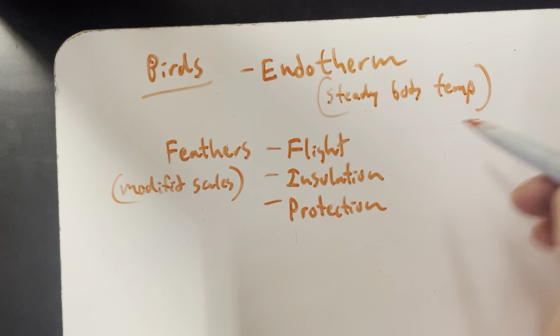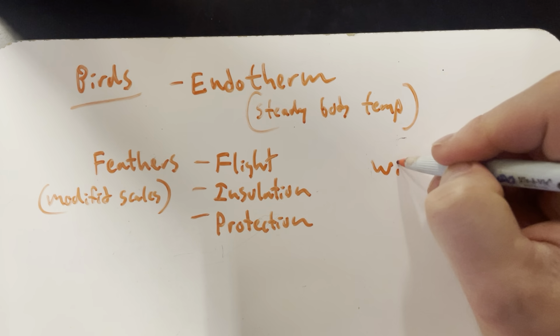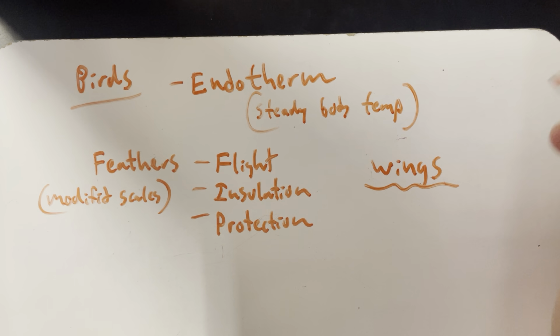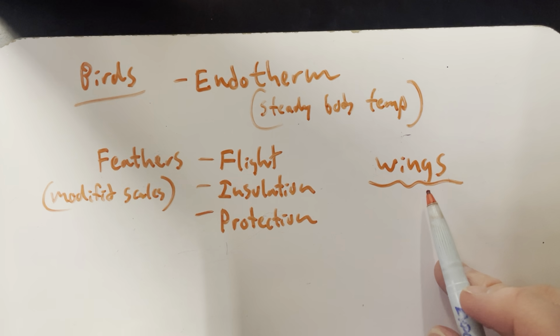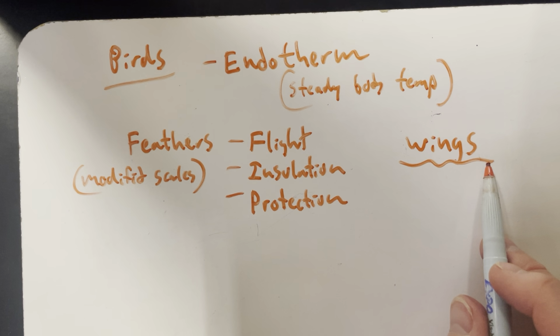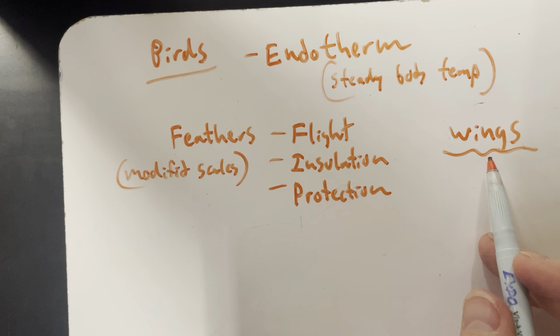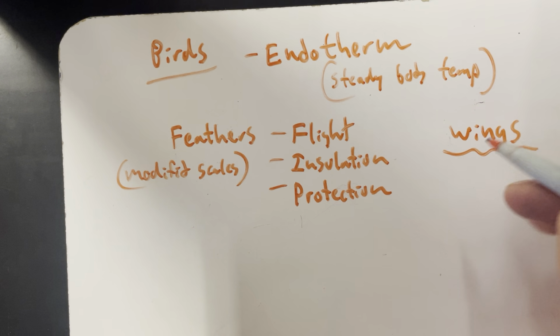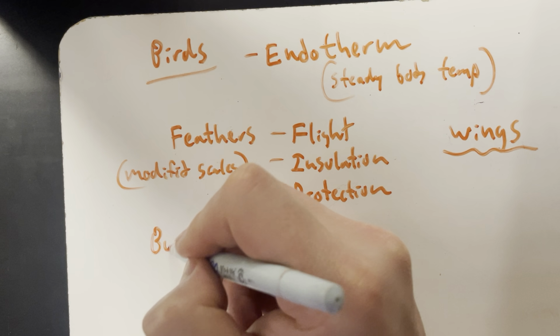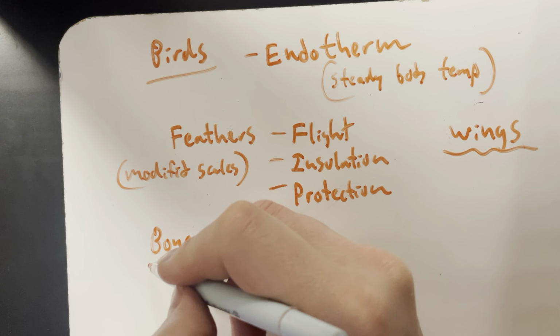What other adaptations do they have for flight? They have wings. So their upper pair of appendages have been modified for flight, which gives them a huge advantage, being able to fly around all over the place. What's true about their bones?